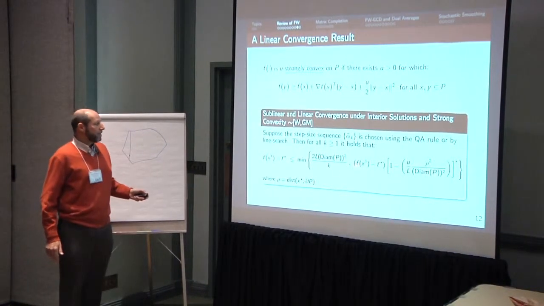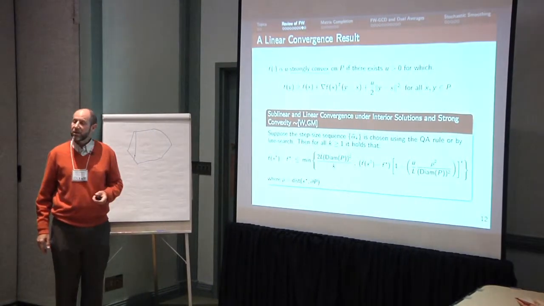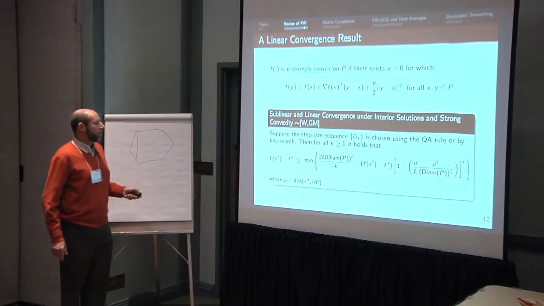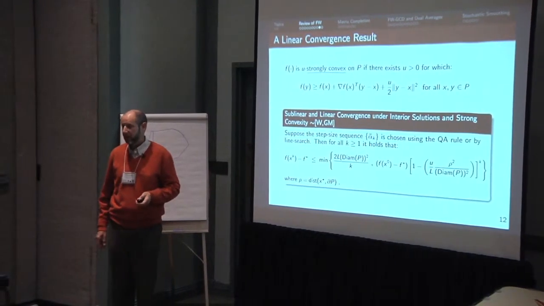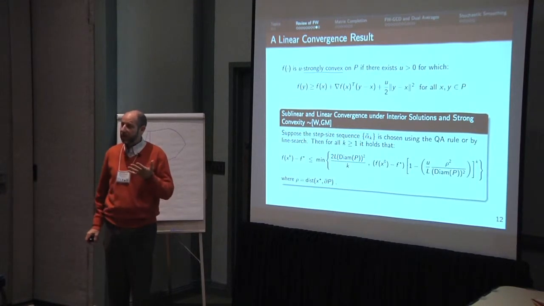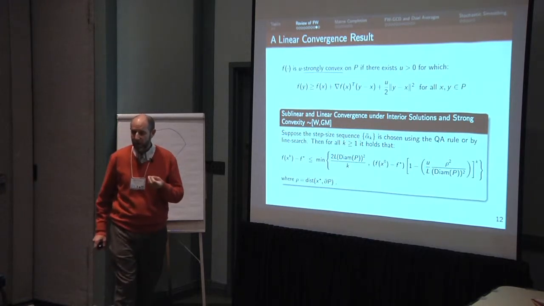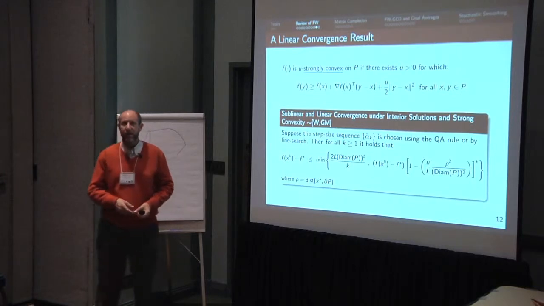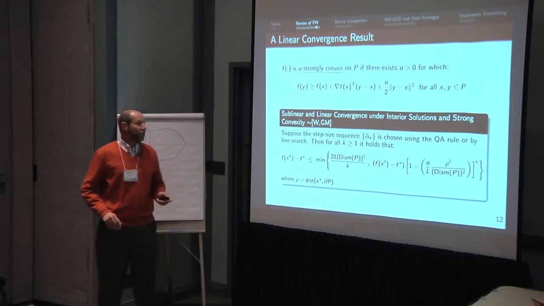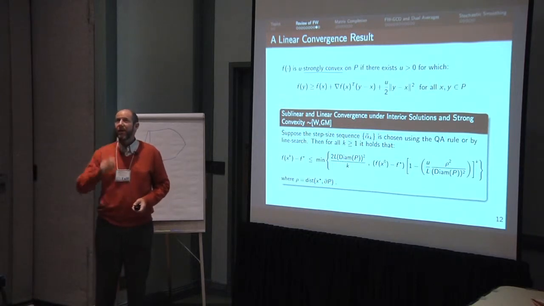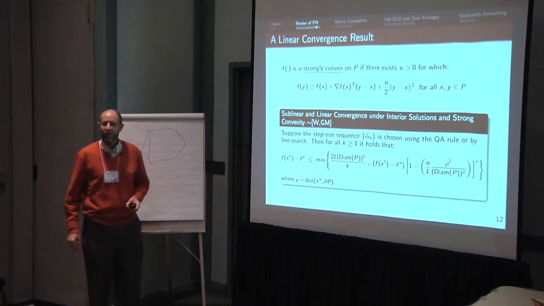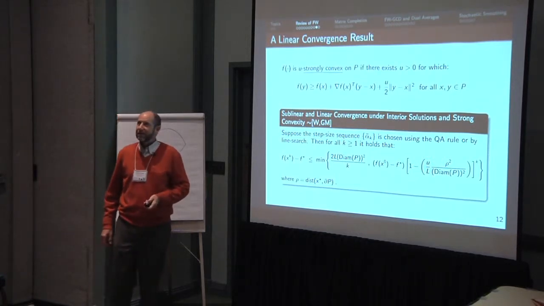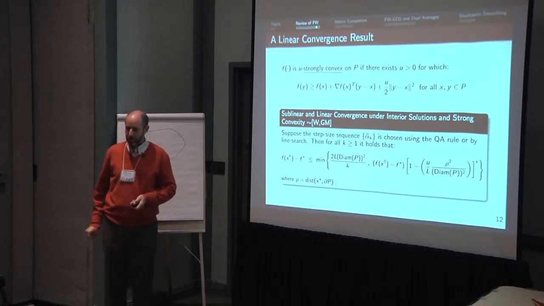If you happen to know that X star is in the interior of your set, and you happen to know that your function is strongly convex, then you get linear convergence, and you think to yourself, especially if it's in the interior, why not use just a steepest descent type of method? You also get the linear convergence there, and you also get the U over L squared. So in a sense, I can't see any advantage of Frank-Wolfe over those methods.